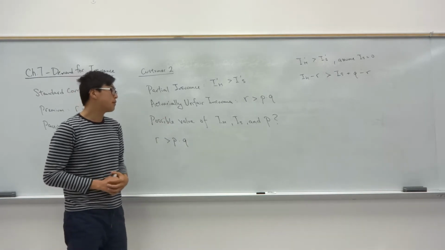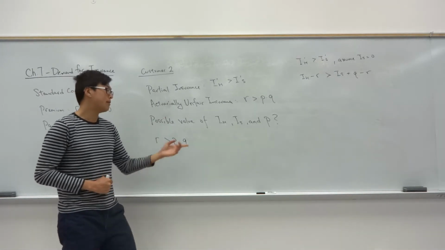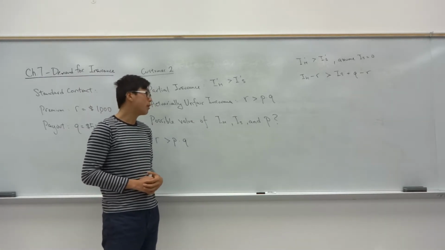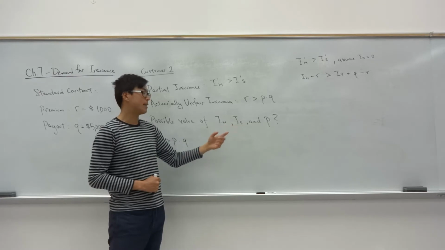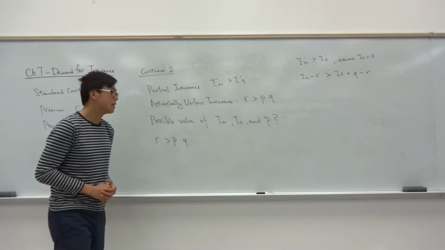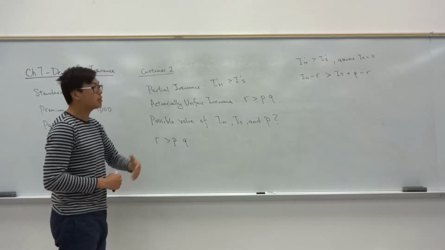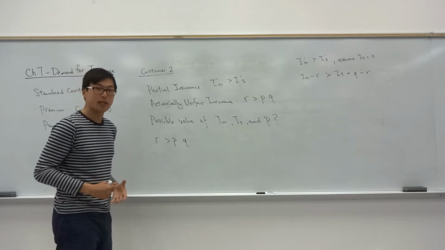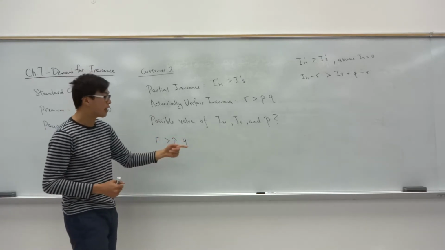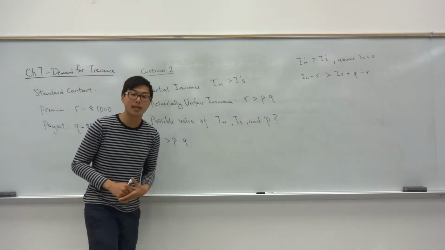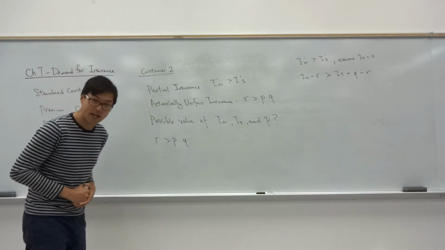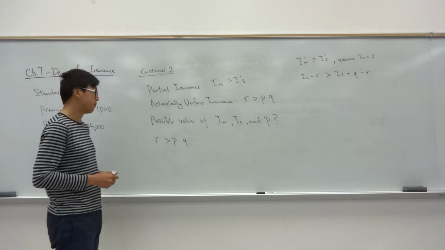Well, what are the possible values for the income in the healthy state and the sick income, and also the probability for getting sick? We can actually use the same equations again, but in reverse. So first of all, we try to figure out what the probability of getting sick is for this person in order to get into an unfair insurance scenario.